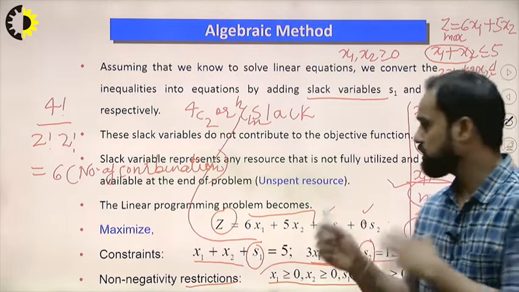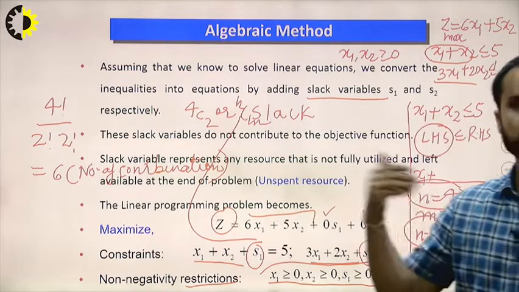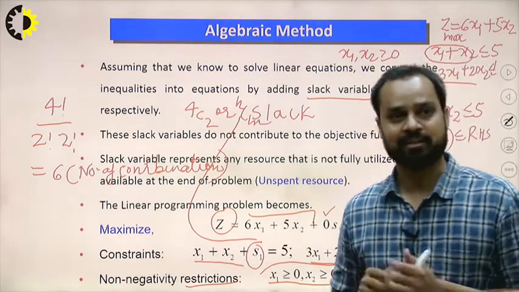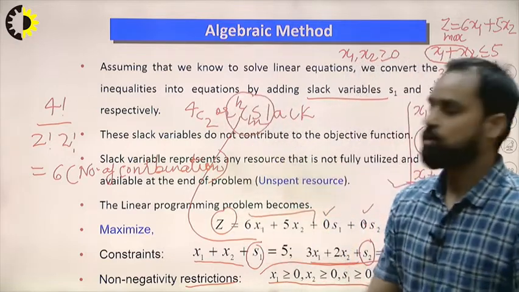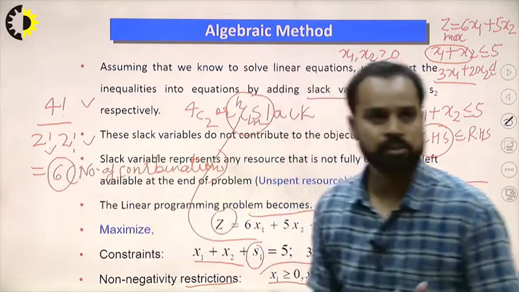So this way, how many different arrangements are possible? There are 6 possible arrangements. We can decide on the basis of nCm, 4 factorial upon 2 factorial upon 2 factorial, and we get the value 6.